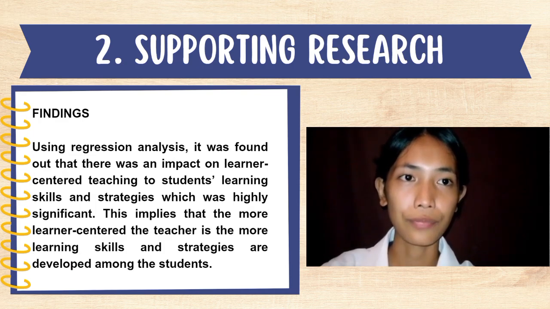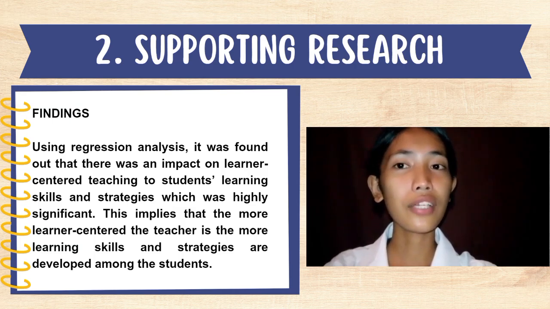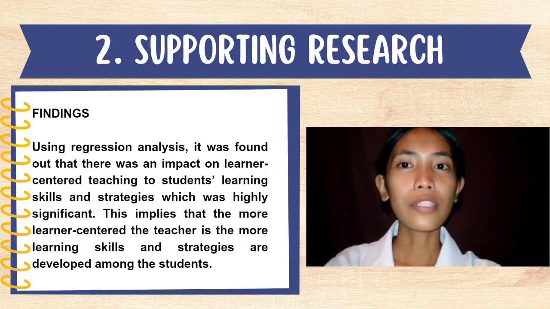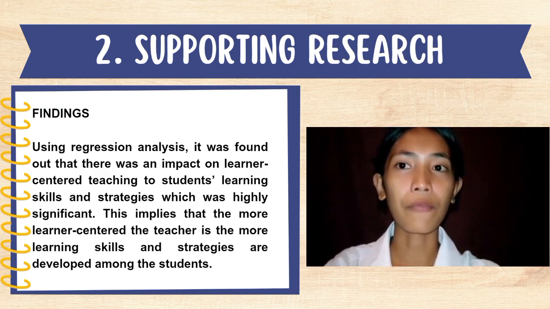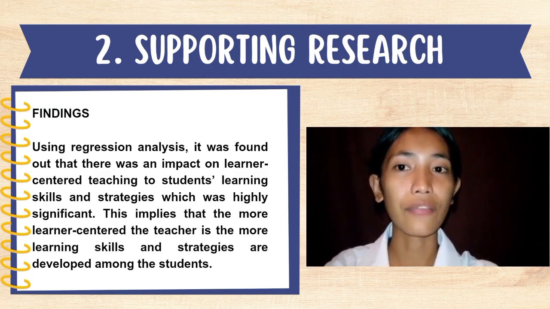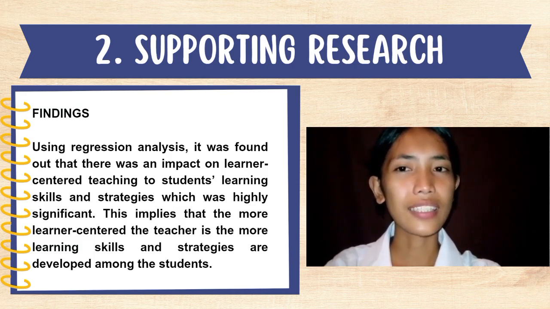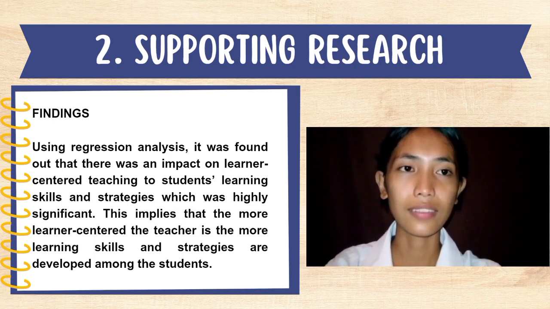So the findings of this research is that using regression analysis, it was found out that there was an impact of learner-centered teaching on students' learning skills and strategies, which was highly significant. This implies that the more learner-centered the teacher is, the more learning skills and strategies are developed among the students.